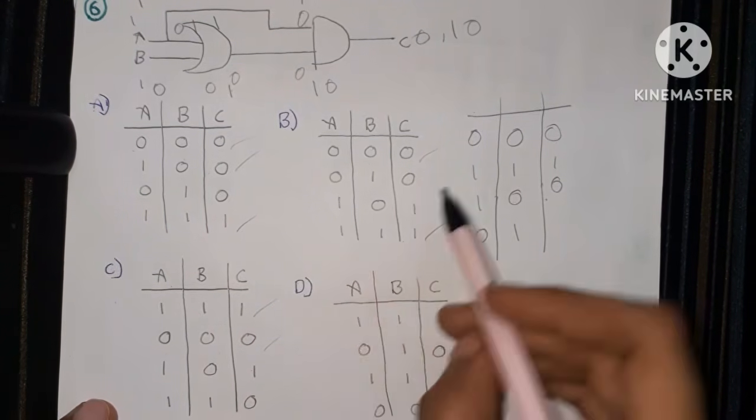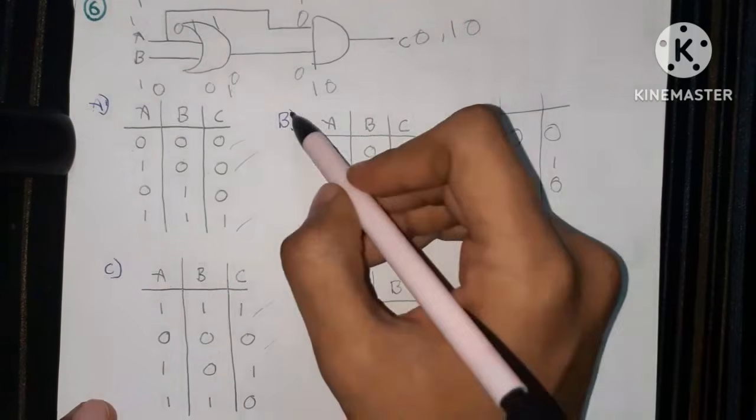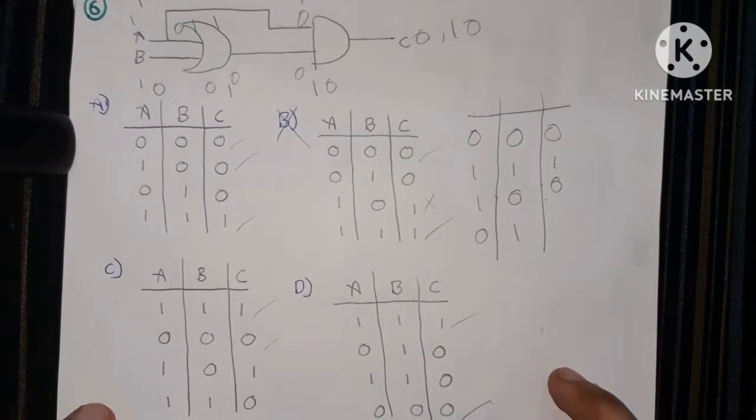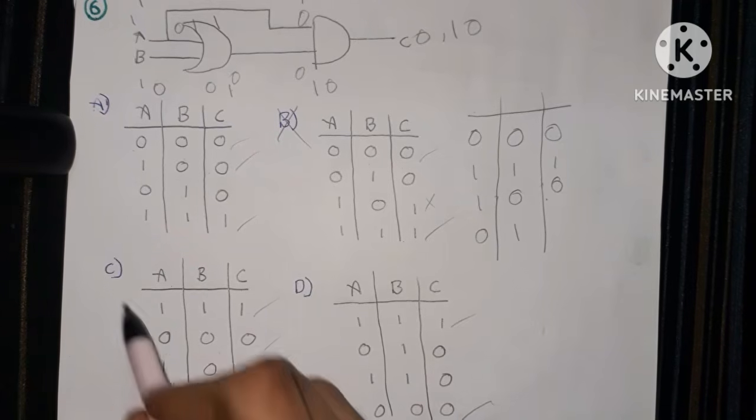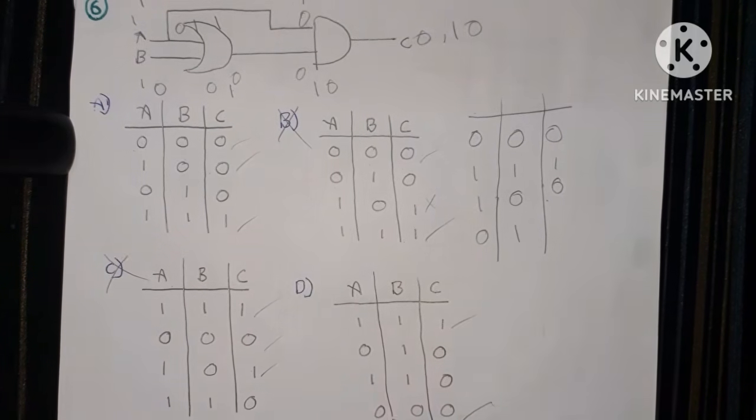1 and 0, we got 1. Option B got eliminated. Next 1 and 0, here it is 1. The option got eliminated. Here 1 and 0, here it is 0.